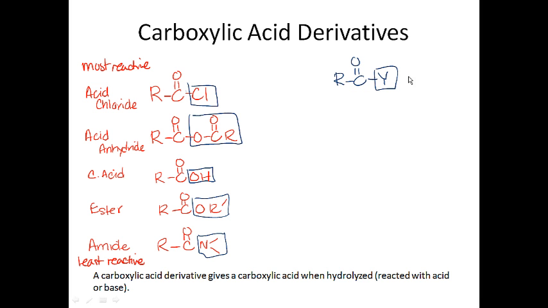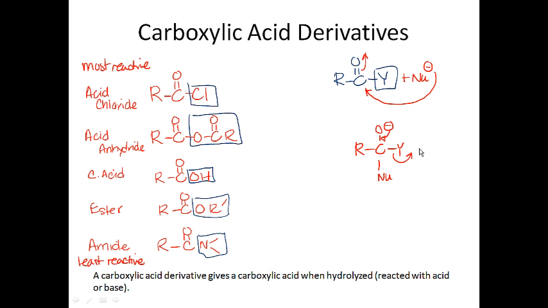Take this, add a nucleophile to it. Let's just say for the sake of argument it's a negatively charged nucleophile. Have that pair of electrons attack that carbonyl. We know that we form this, right? And then we bring this pair of electrons back down, and we either kick off the Y group or the nucleophile.